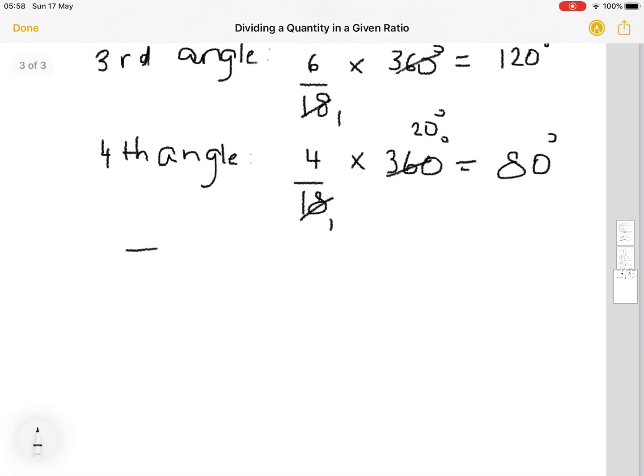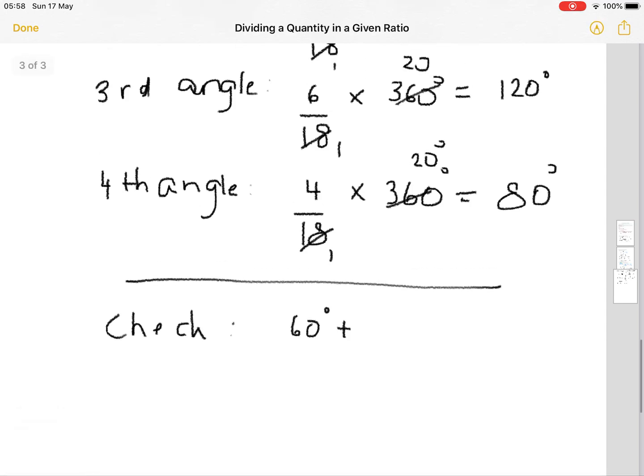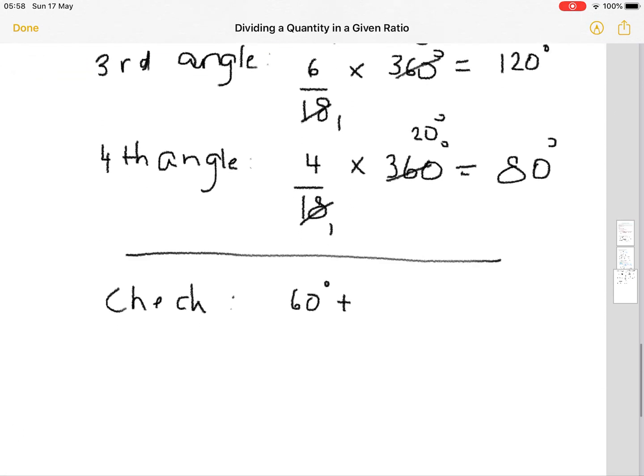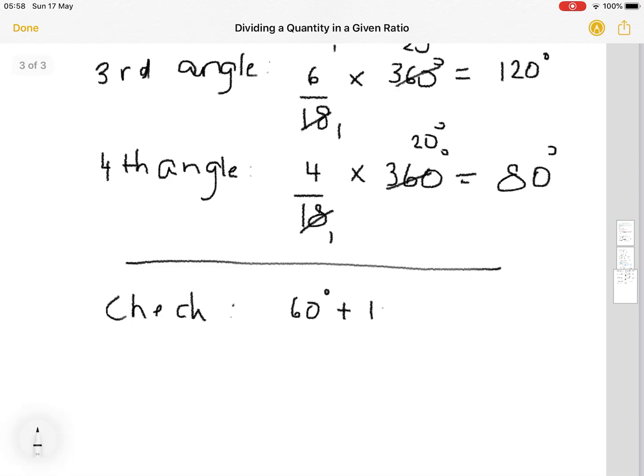Now, let's check them up, boys. So I have 60 plus 100 degrees plus 120 plus 80. 120 plus 80, it's 200. 200 plus 100 is 300. 300 plus 60, there's a total of 360.